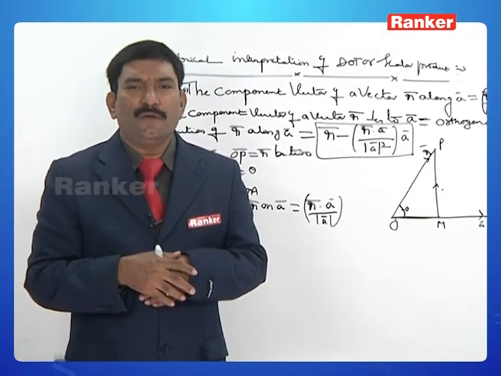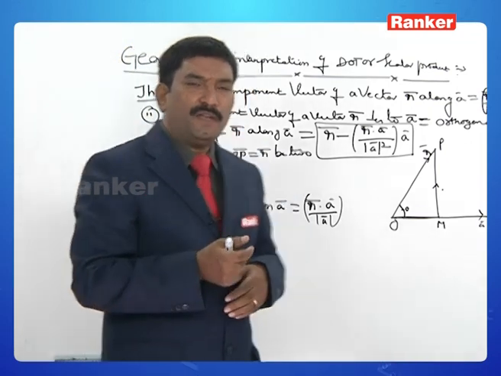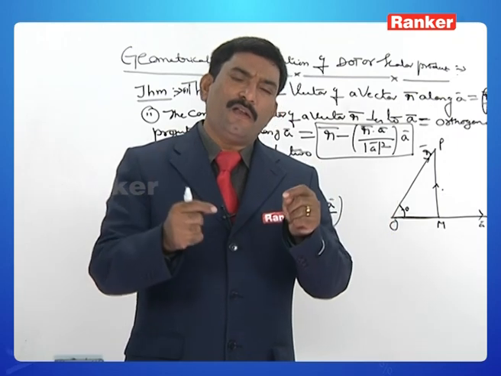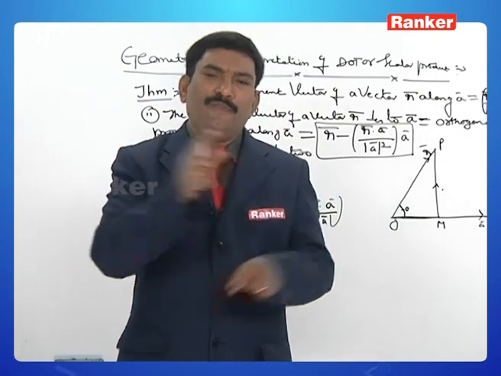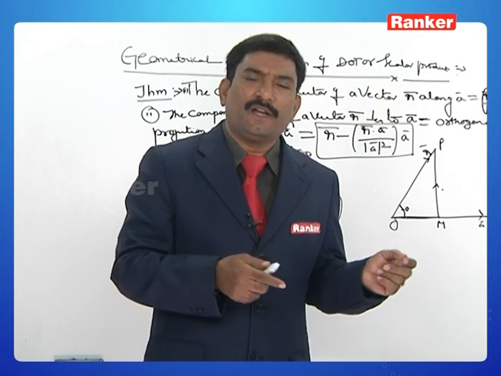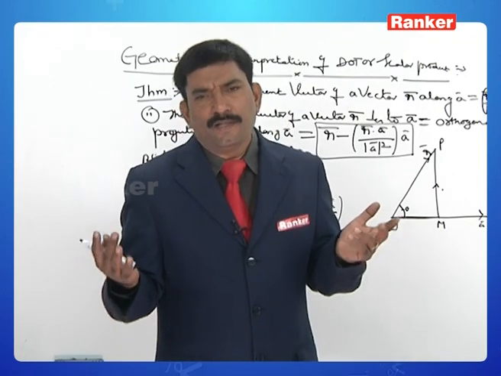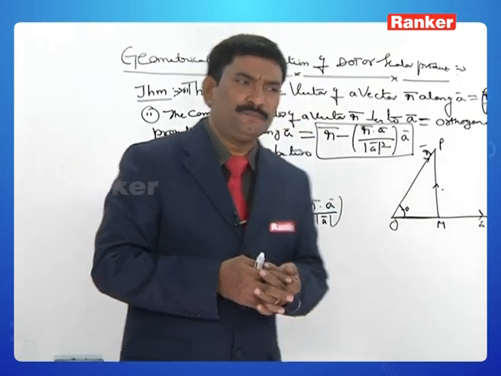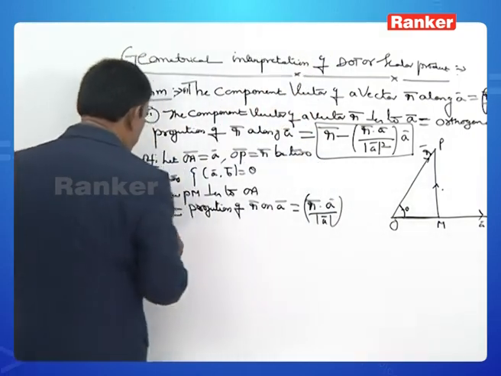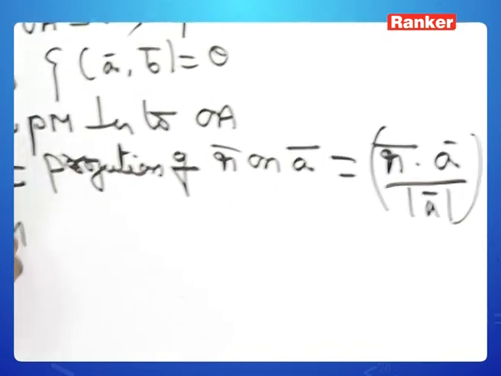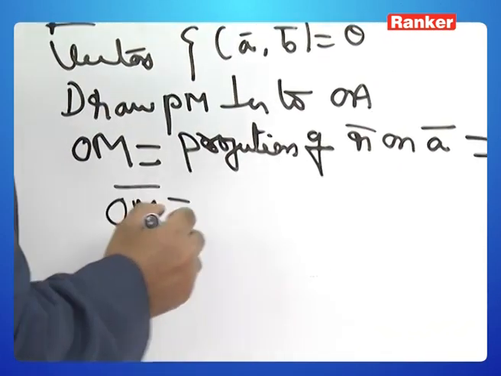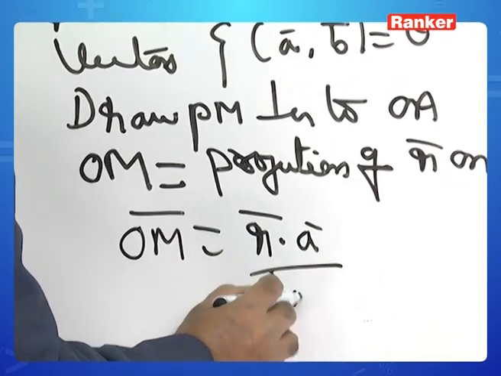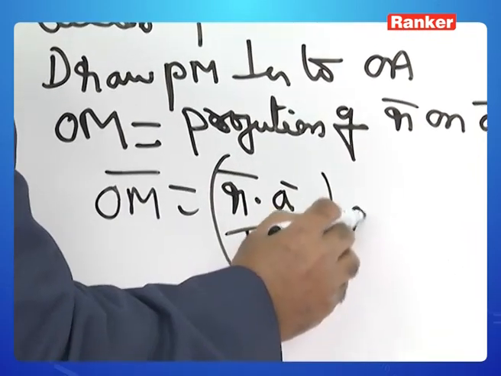Any length can be converted into a vector if you multiply with the unit vector in the direction of A bar.